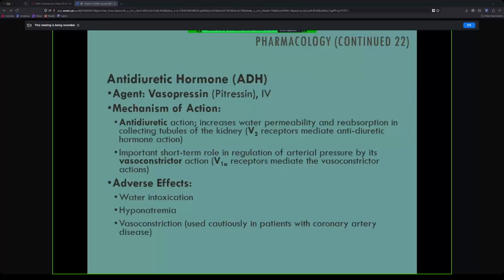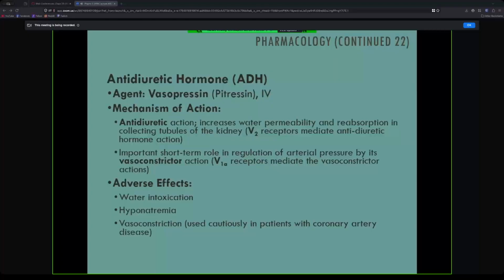We do sometimes exploit the V1 action in shock states. You'll get that in EM and some other lectures, but that's why vasopressin is sometimes used in shock for its short-term vasoconstrictor role at the V1A receptors of the vessels.